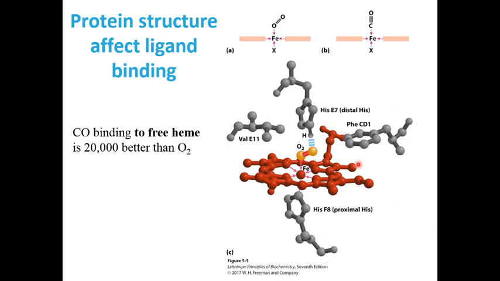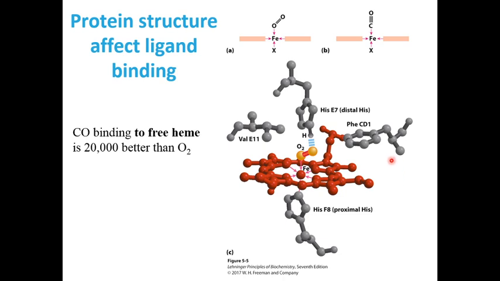For example, free heme molecules bind carbon monoxide, CO, at least 20,000 times better than oxygen. So the Kd for carbon monoxide is 20,000 times lower than oxygen for free heme. But when the heme is bound to a protein, it is only about 40 times better than oxygen when the heme is bound to myoglobin.